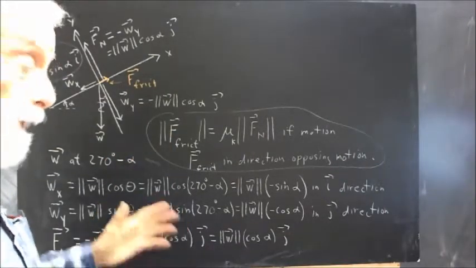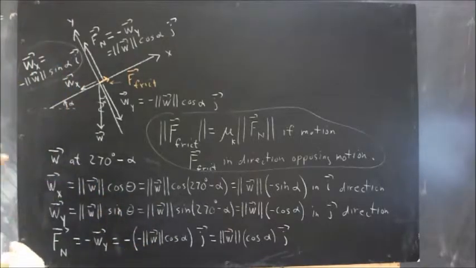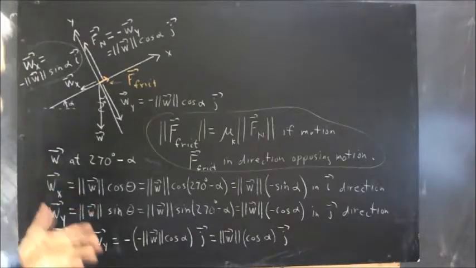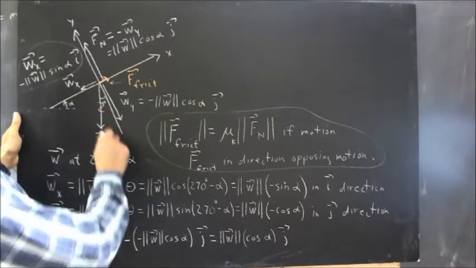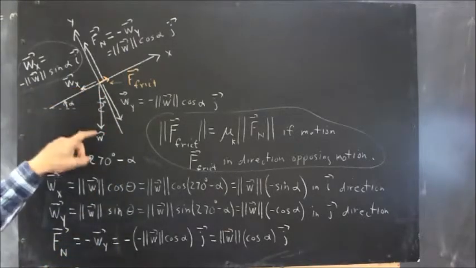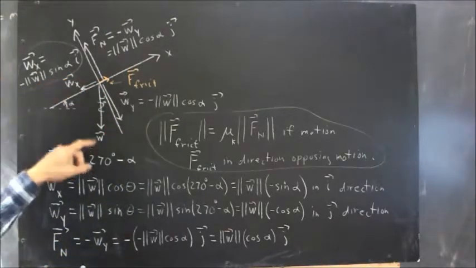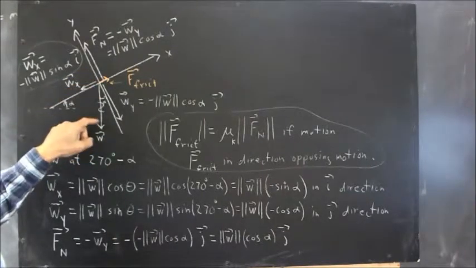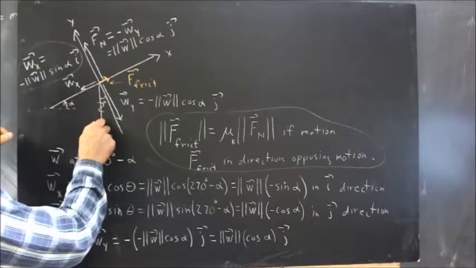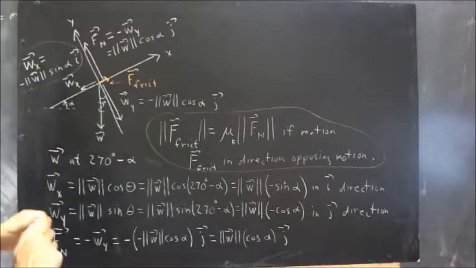I'll say now that this relates to the triangle analysis of the forces. In other words, we could make a right triangle here, and WX would be the opposite side of the triangle, where the side opposite the angle alpha would occur at this vertex of the triangle.